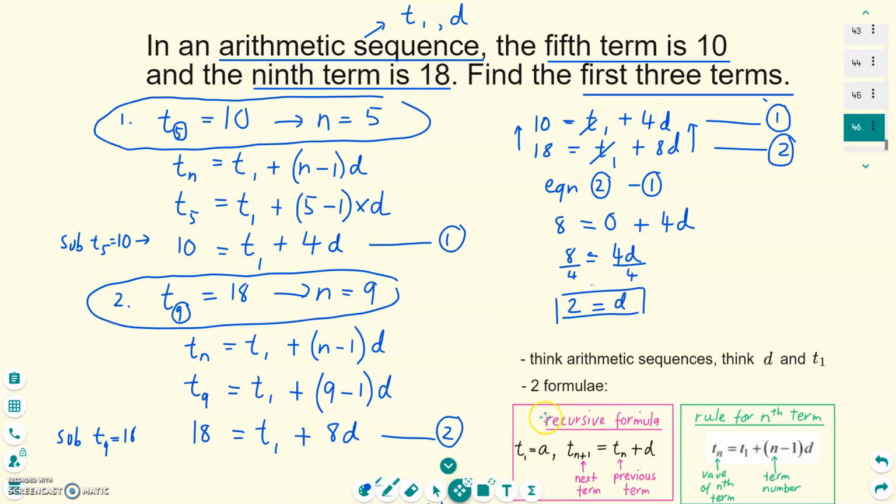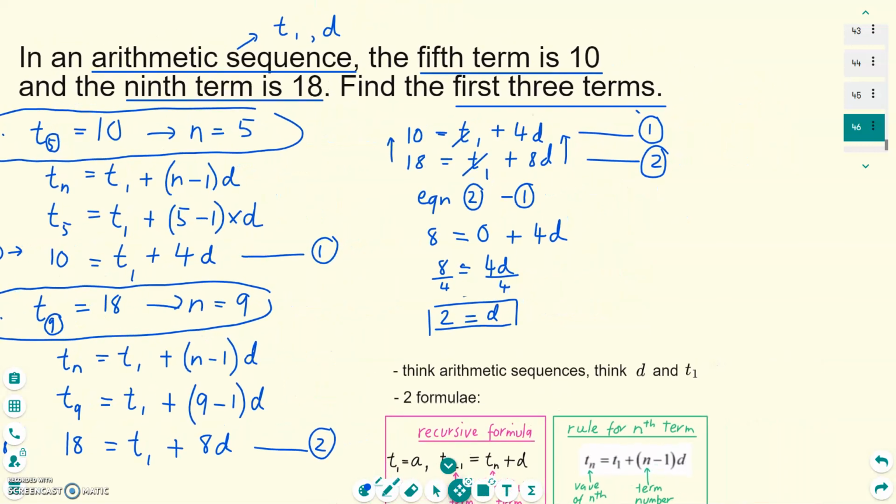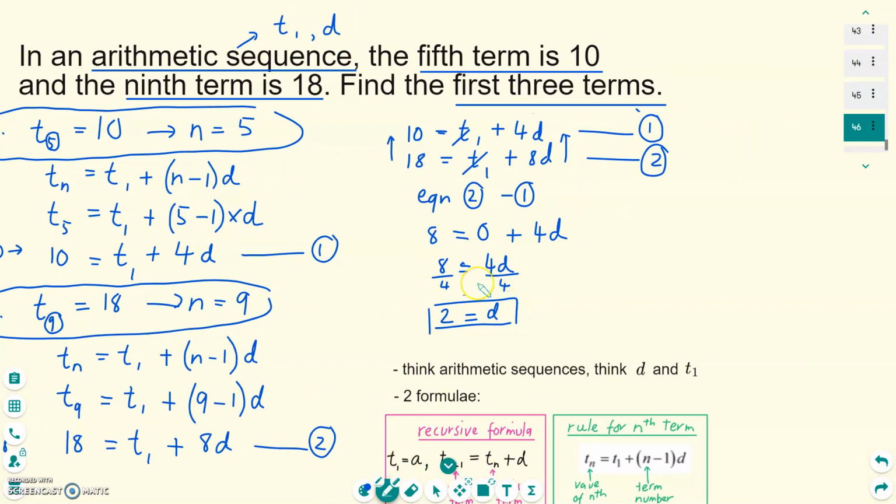And then let's move this over a bit. So now that we have this D is 2, we can substitute into any of the equations to find T1. Okay, so let's sub D equals 2 into, just choose the simpler equation. I'm just going to choose 1. I'm going to get rid of that, that's confusing. Sub D equals 2 into equation 1. Let's do it.